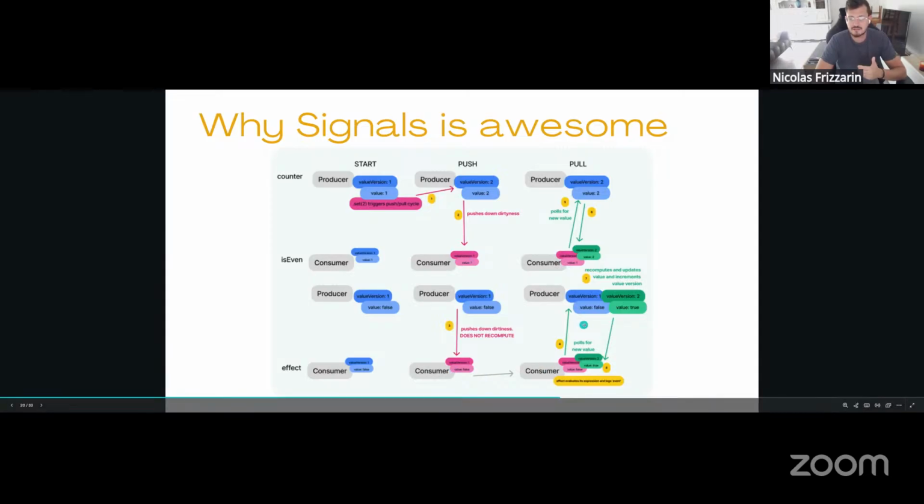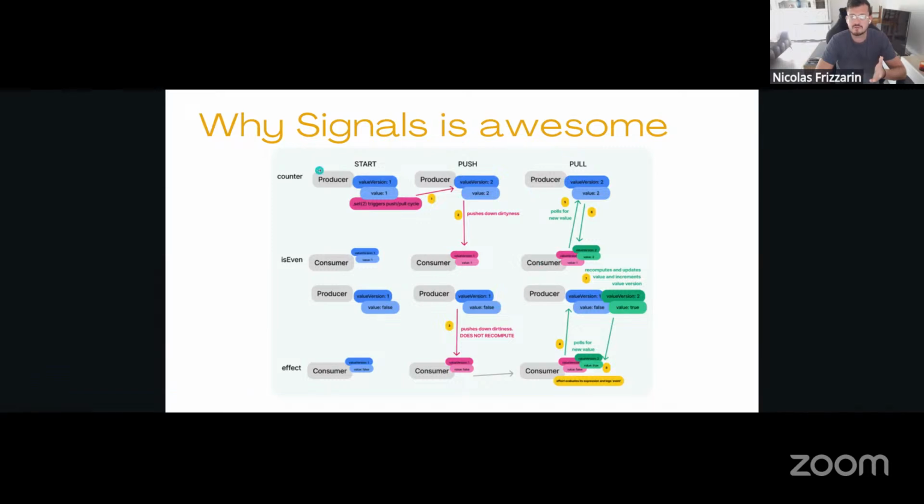So the effect asks to pull the new value of isEven, and isEven asks to pull the new value of the counter. So the value now is 4. The consumer will produce nothing, because the value is still true, so we don't enter the effect. That's quite awesome.